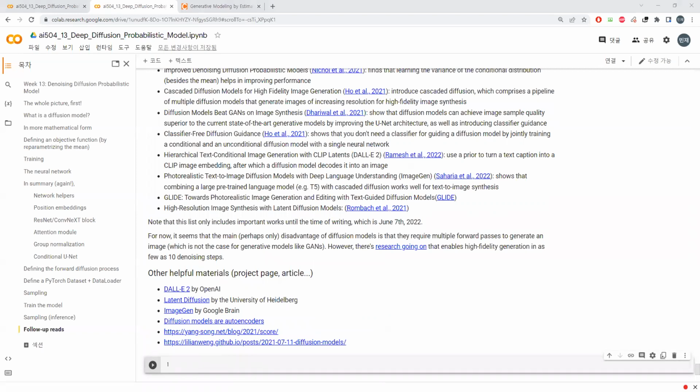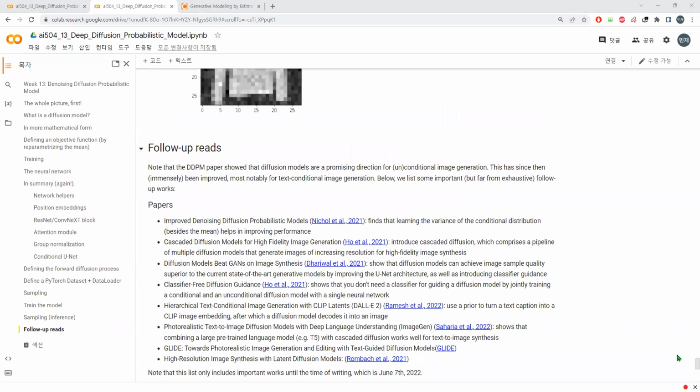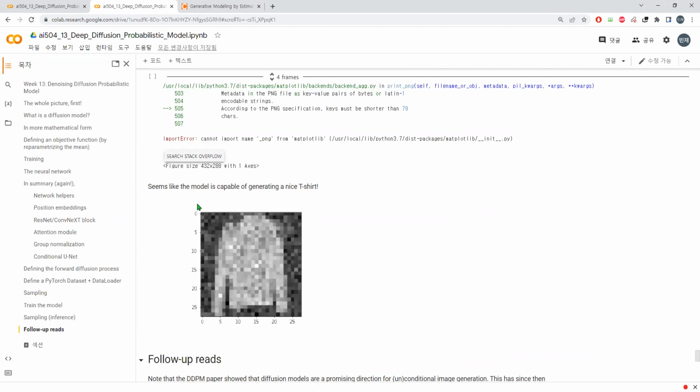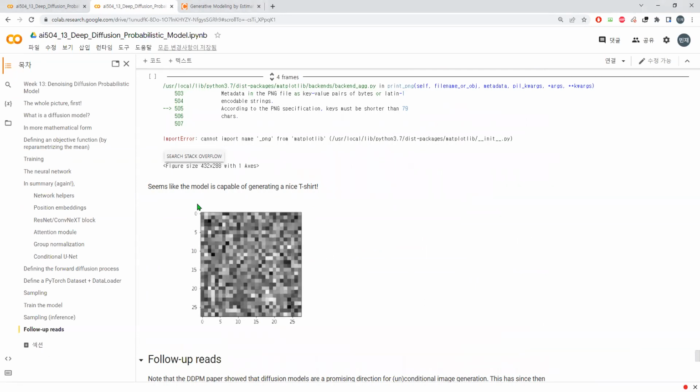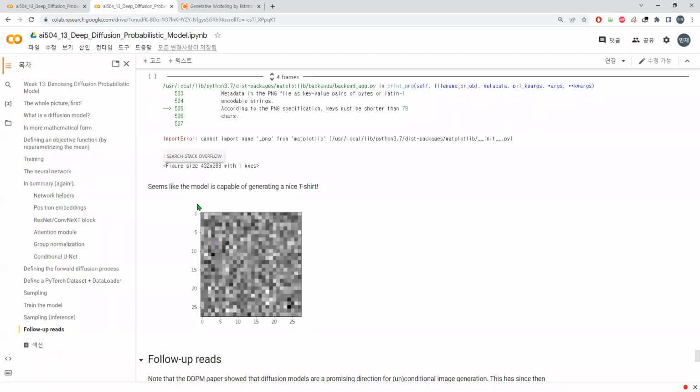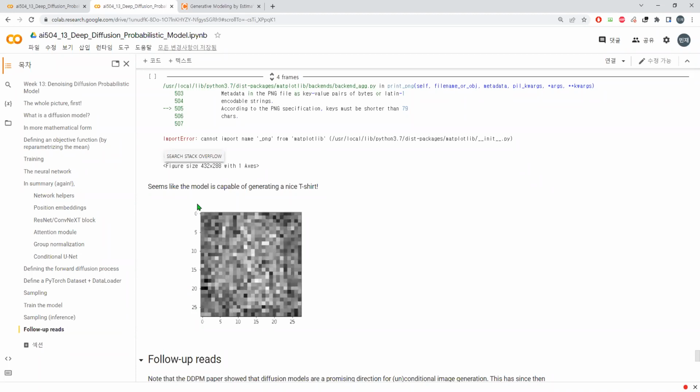Okay. Junyan's question is: if we sample total isotropic Gaussian noise and denoise that noise, can we get other images like shoes or dresses in the Fashion MNIST dataset?